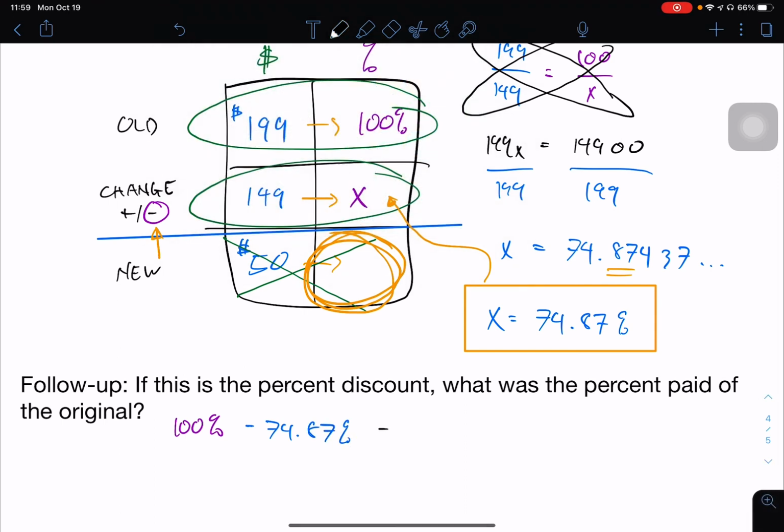Percent paid is whatever this difference is. So you paid a little bit over 25%. Now the question is not going to ask that per se, but again, you can refer back to this box to dictate the information you need, given that you didn't make any mistakes, obviously. But yeah.